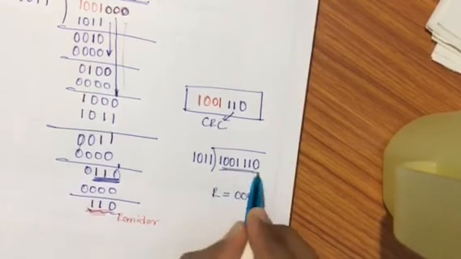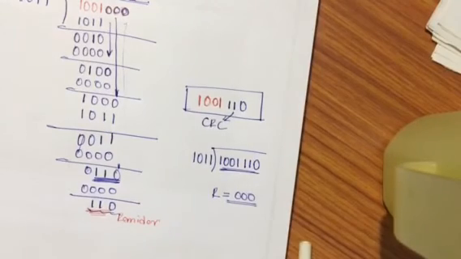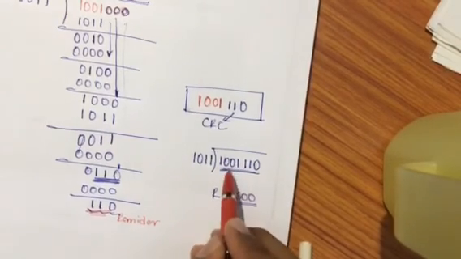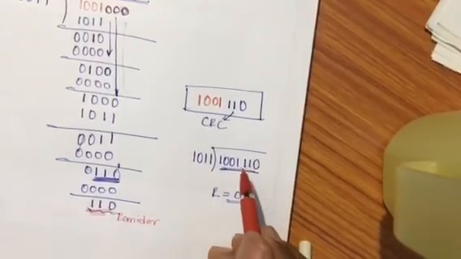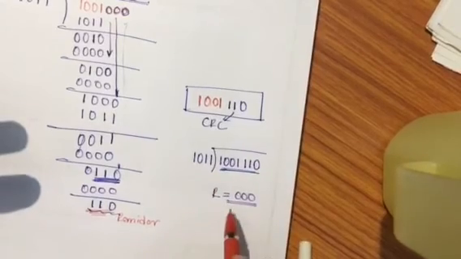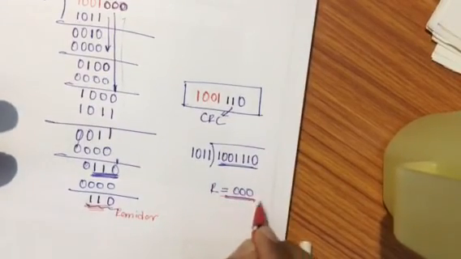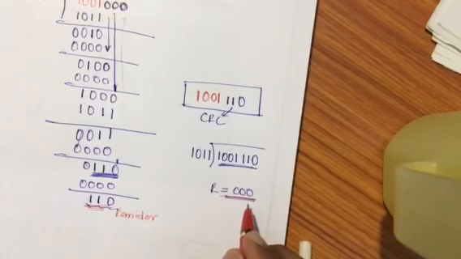Since this is data which is error free, your remainder will be 0. If in case this is not 0, you can try it out. Make any one bit 1 if it is 0, or 0 if it is 1, and do the division operation. This remainder will not be equal to 0, and hence it is understood to be error prone.